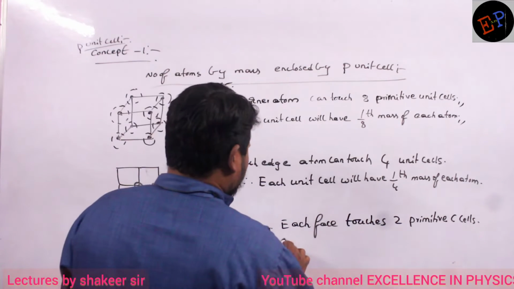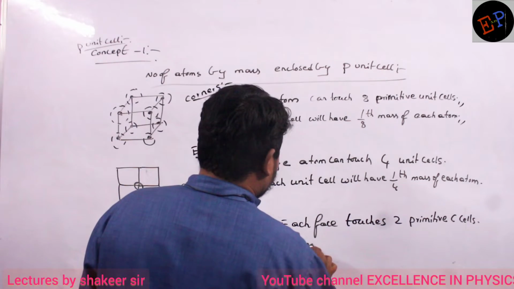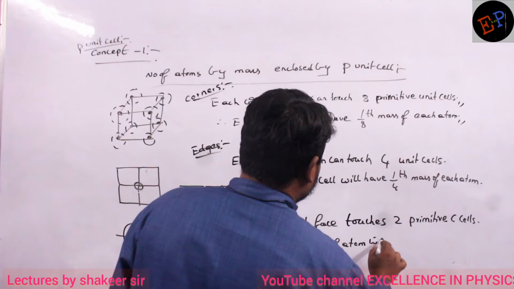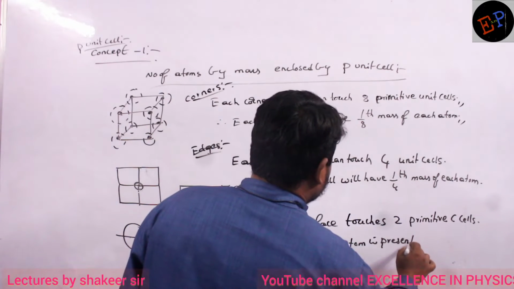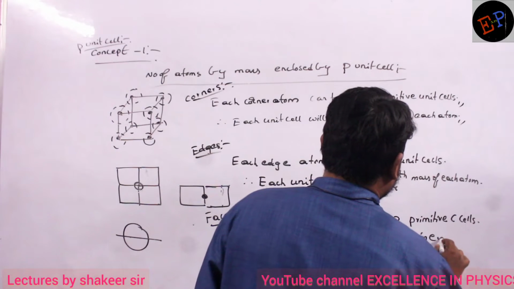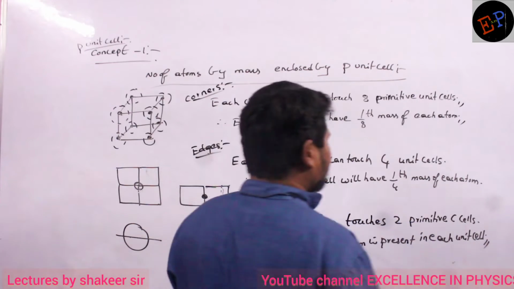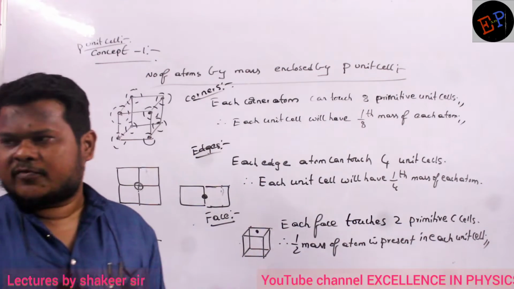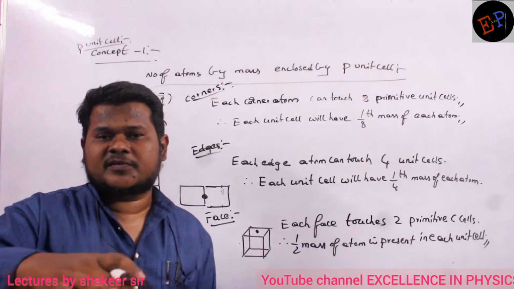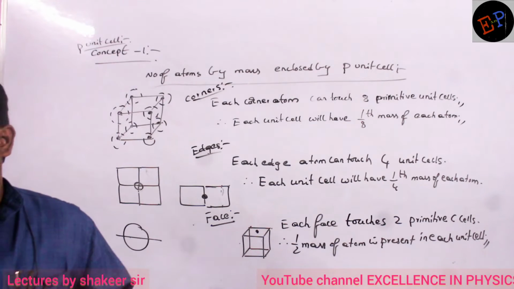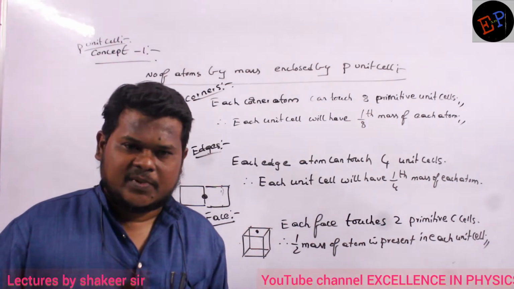Therefore, half mass of atom is present in each unit cell. Each unit cell will cover how much percentage of mass? 50%. It means only half of the atom is present in one primitive cell, another half is present in another primitive cell. Are you able to understand what is happening here?